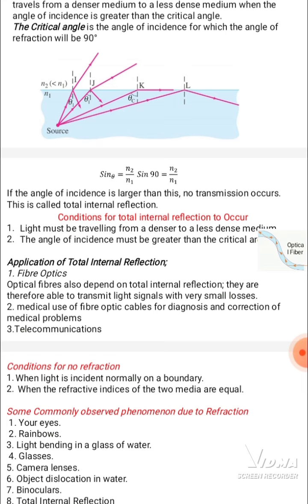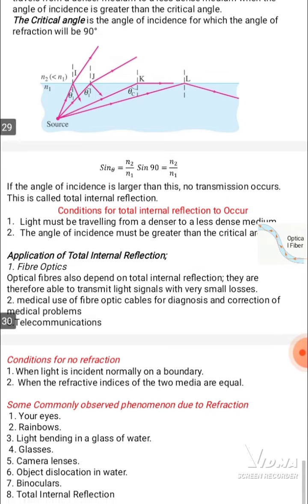If you can see the sketch, you have N1. These arrows indicate the interface, moving from a denser medium to a less dense medium, N2. So N2 is less than N1; N1 has a higher refractive index than N2.